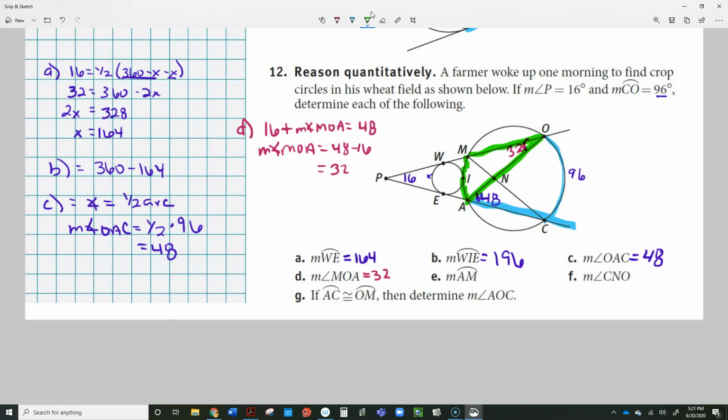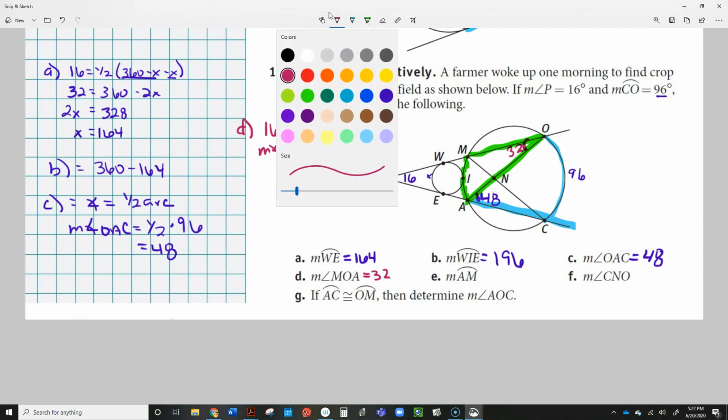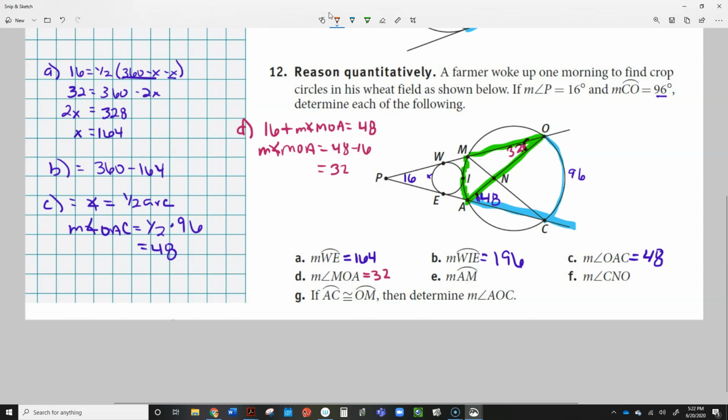So for E, the inscribed angle, let's change colors. Let's do orange. So for E, the inscribed angle, which is 32, is equal to half of the intercepted arc. So half of the measure of arc MA.